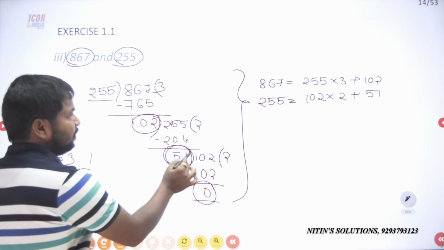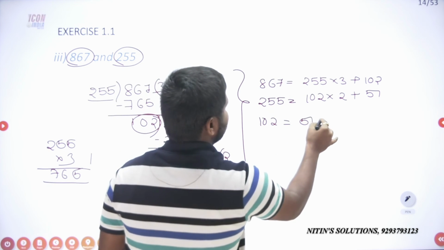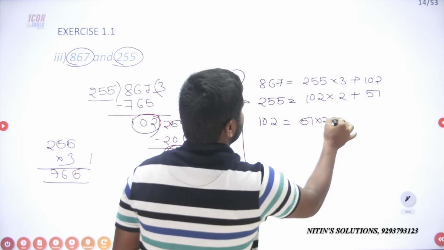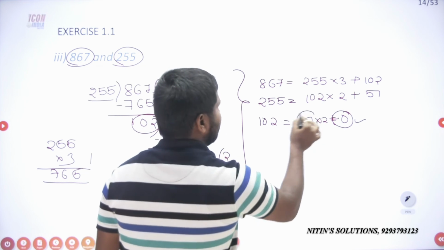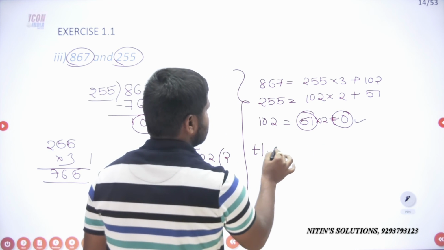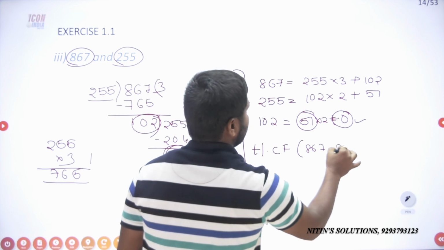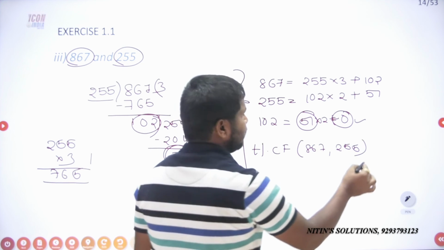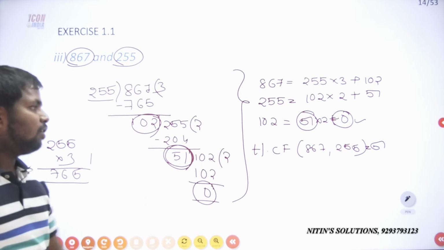As I got the remainder 51, now divide 102 by 51. So 51 times 2 plus 0. As I got the remainder 0, 51 will be the HCF. So the HCF of 867 and 255 will be 51. Clear? So this is our final answer.